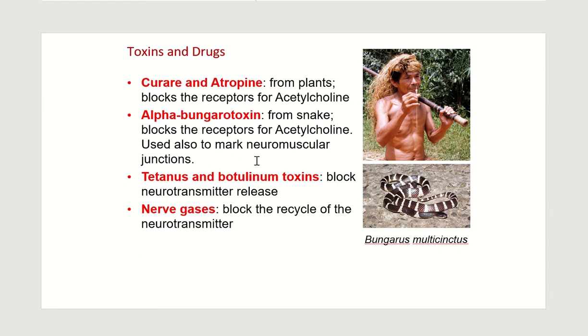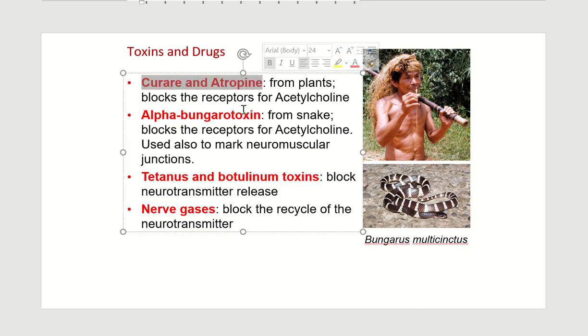Because of the way that neurons work and because of the neurotransmitters released by different cells, toxins often work by either blocking receptors or acting like a neurotransmitter. So curare and atropine are chemicals that come from plants.